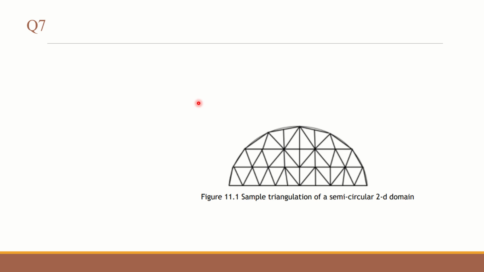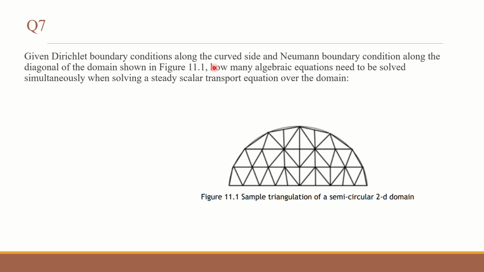That is question 7. Again we have the same figure 11.1, two-dimensional semicircular domain. Given Dirichlet boundary condition along the curved side and Neumann boundary condition along the diagonal of the domain shown in 11.1. So what are we doing?